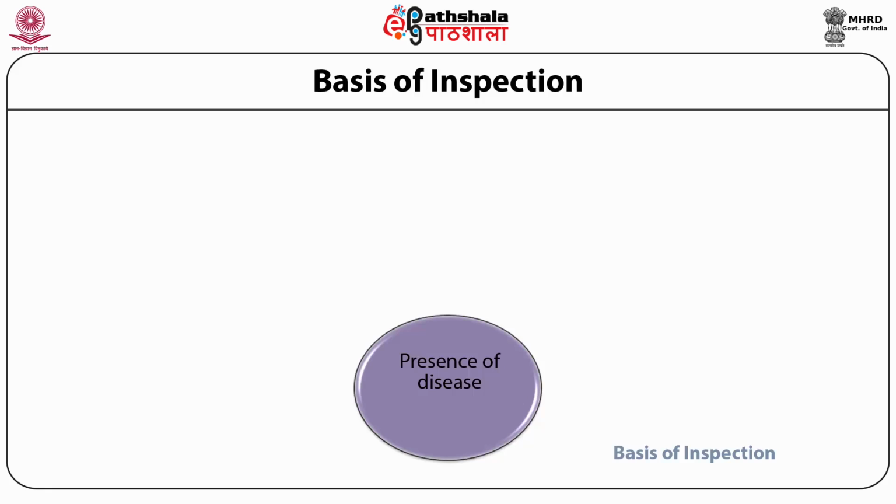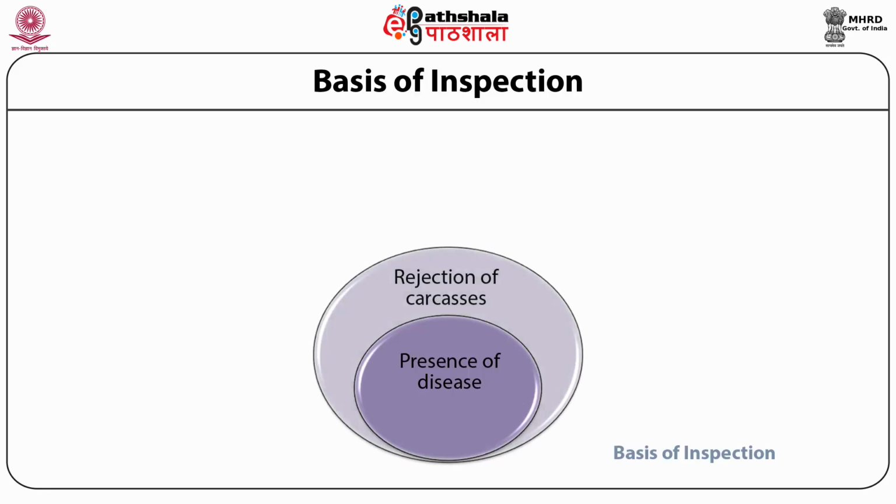The presence and extent of any conditions that may result in the rejection of carcass or its parts as a source of human food. The presence of excitement causes secretion of certain hormones that cause suppression of immune system of animal body and cause disease, which in turn is responsible for the poor quality of meat.